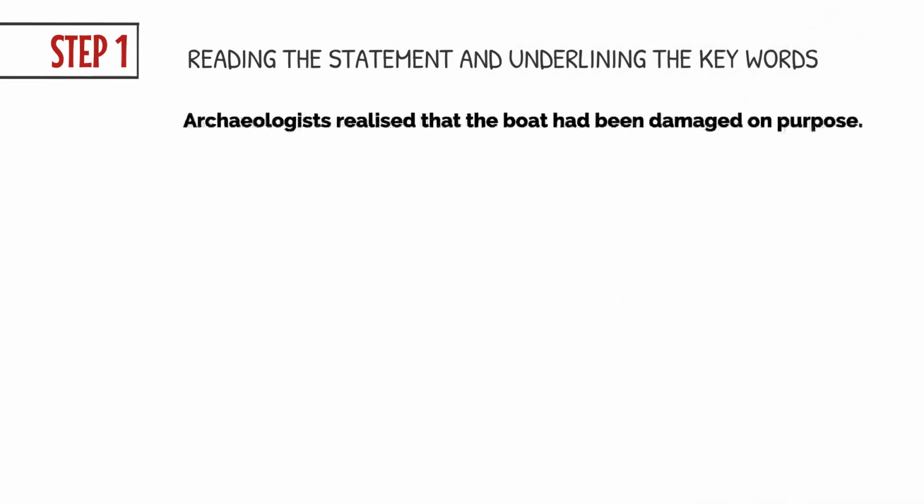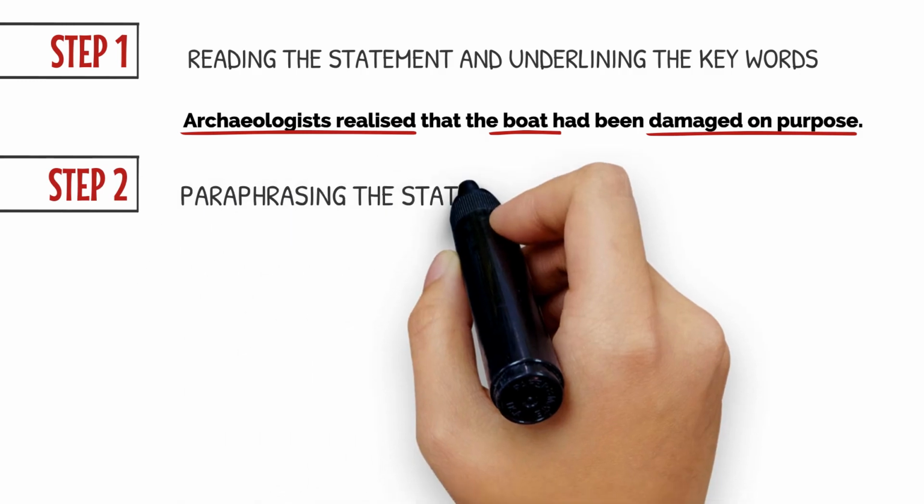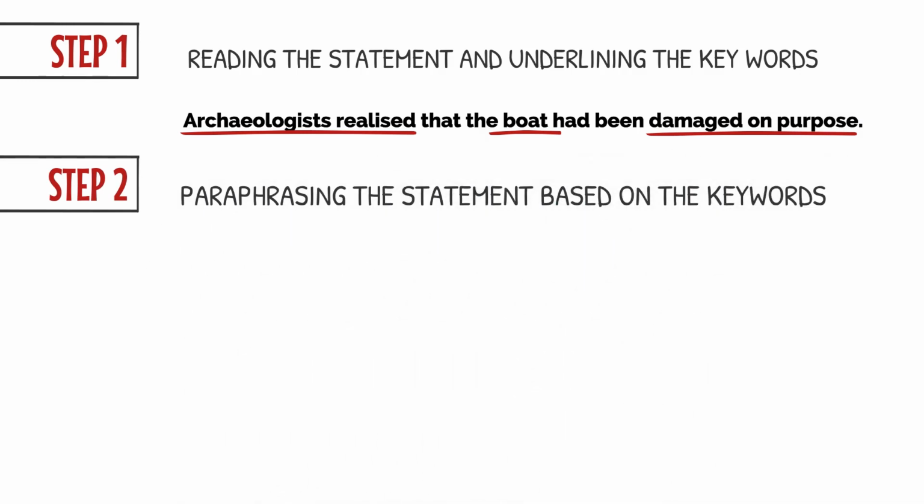Step 1. Reading the statement and underlining the keywords. Let us look at the statement below and underline the keywords. In the above statement, we would underline archaeologists, realized, boat, damaged and purpose. Step 2. Before looking for the information in the passage, it's better to paraphrase the statement based on the keywords.